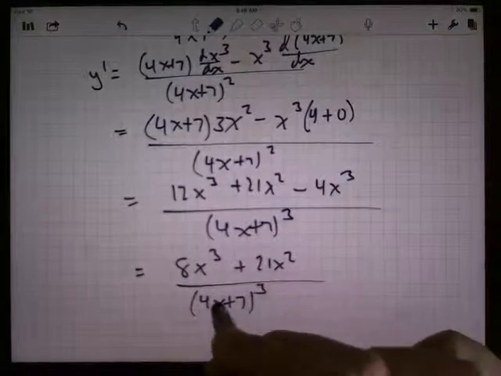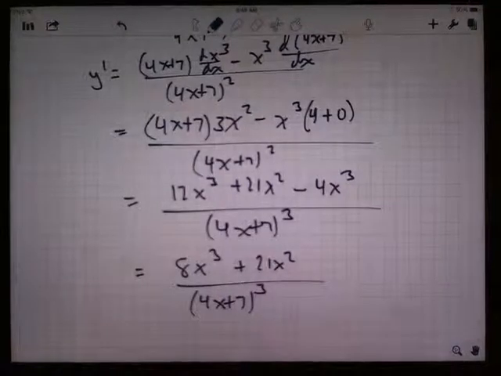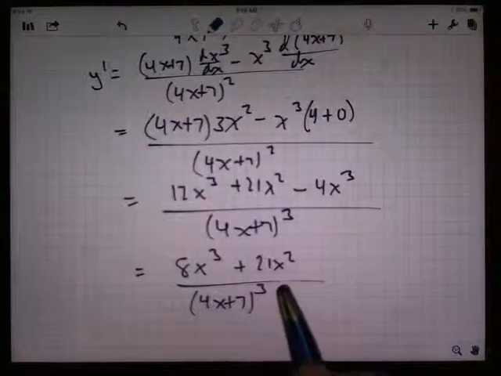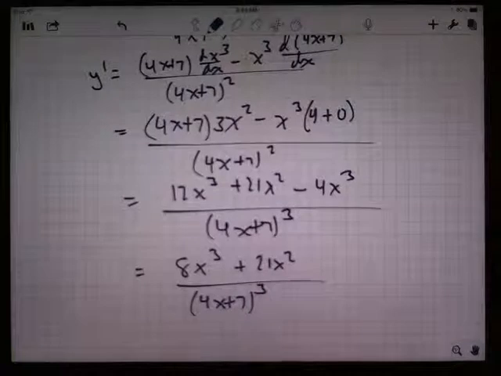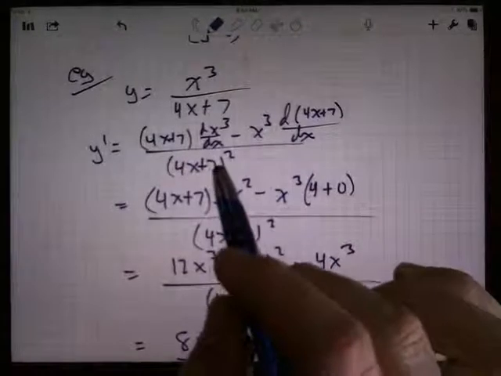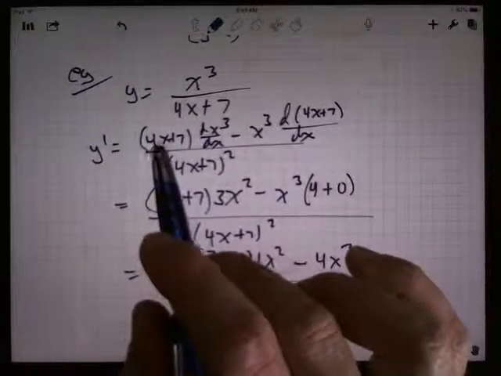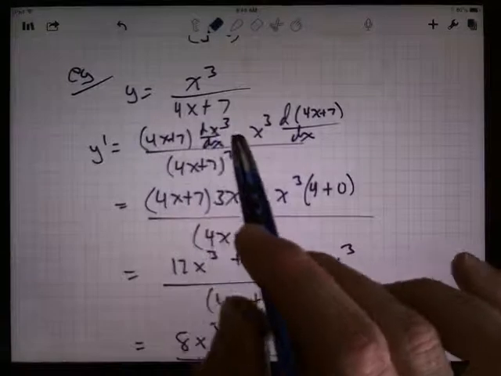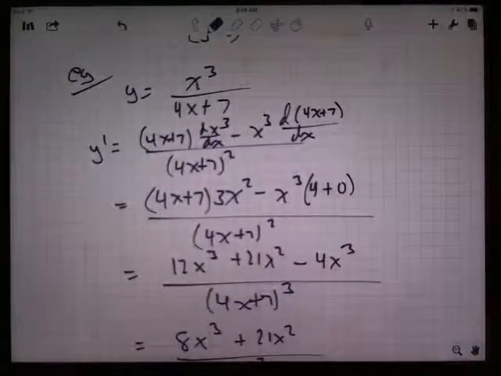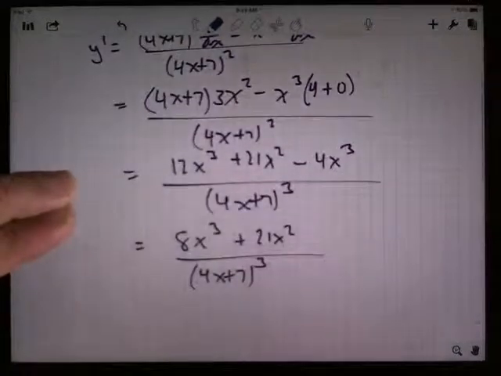And there's no way that I would multiply that out unless I really had some reason that I knew I was going to do something with it later. Anyway, I'll just leave it like this at this point. Okay. The quotient rule. Bottom squared on the bottom. The top looks like the original denominator times the derivative of the top minus the top times the derivative of the bottom. Okay. So there's your quotient rule.